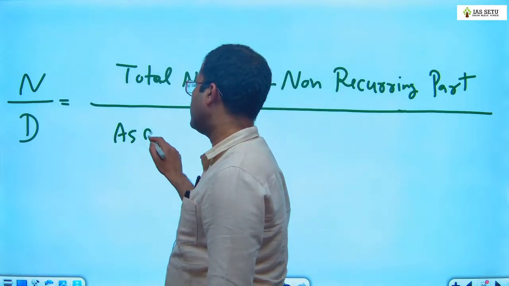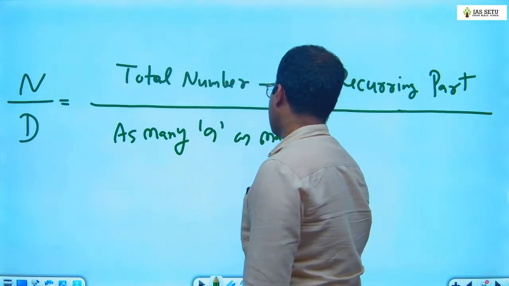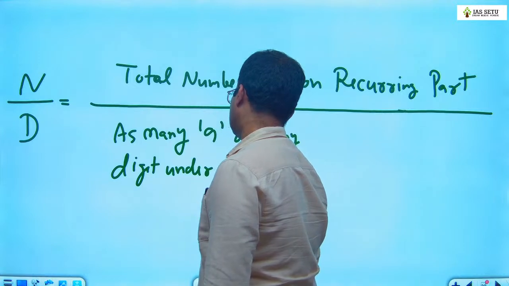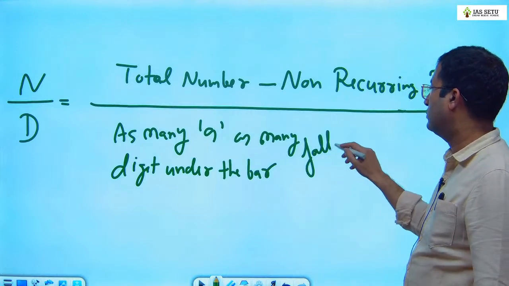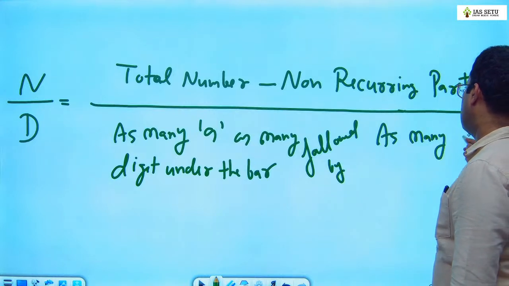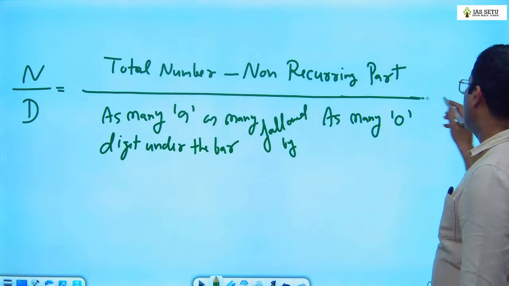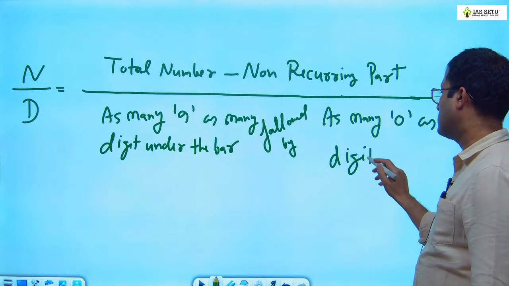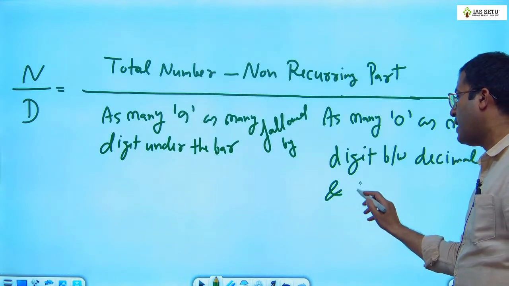First is as many 9 as many digits under the bar, followed by as many 0 as many digits between decimal and recurring.